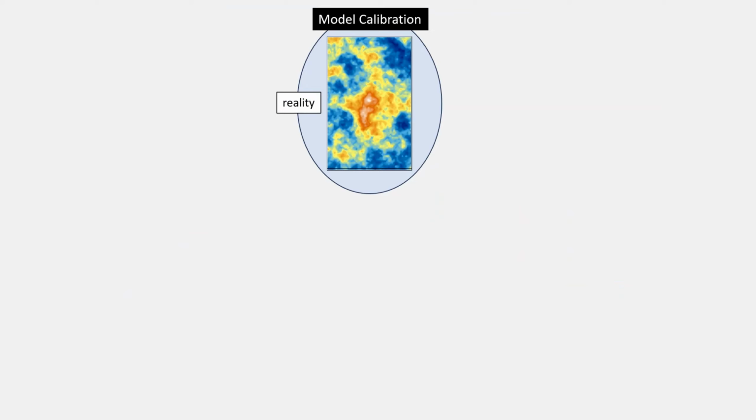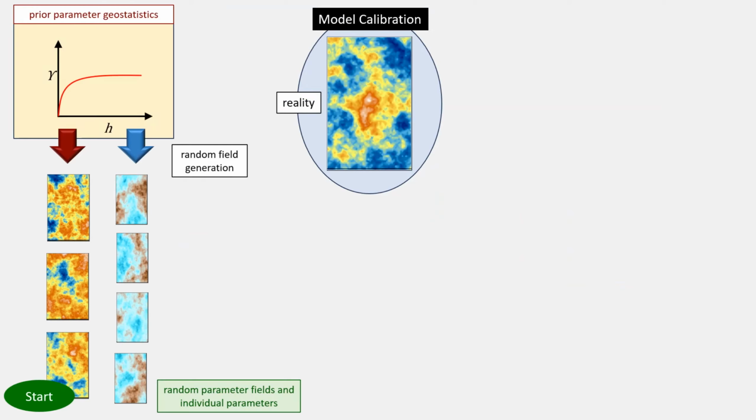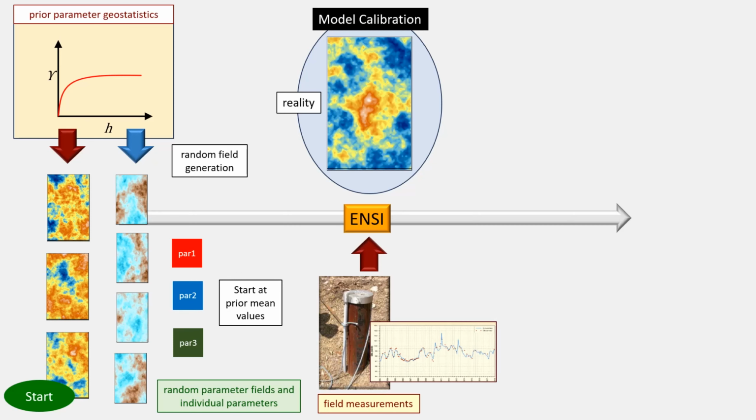Looking at it pictorially, we're undertaking model calibration. We use parameter statistics to generate realisations, and we include in the calibration process individual values of some parameters.